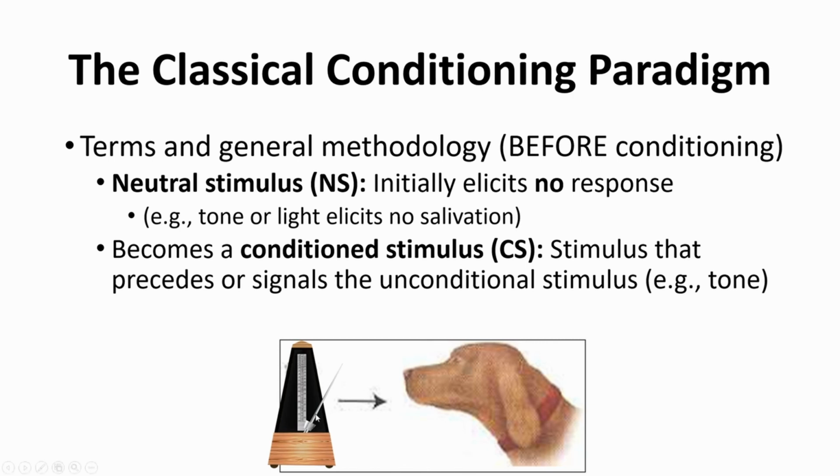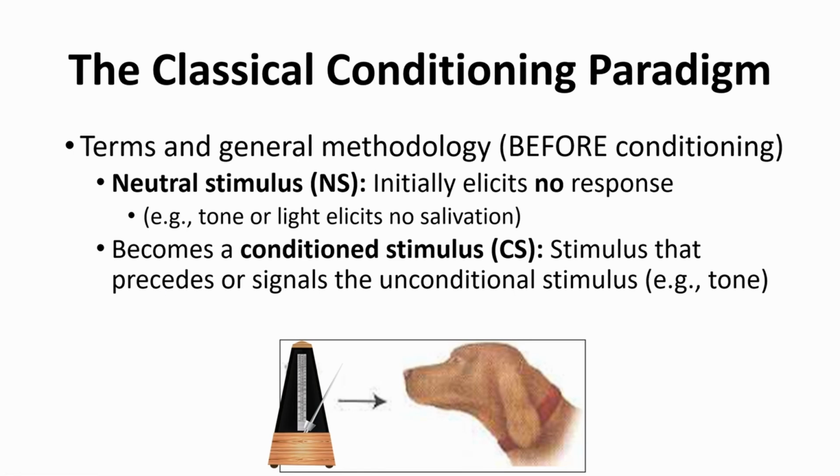So here they have a metronome, you could use a tuning fork, you can use a visual cue, whatever it is, it can be a neutral stimulus. This neutral stimulus will become our conditioned stimulus, the CS, which is a stimulus that's then going to precede or signal an upcoming unconditional stimulus.